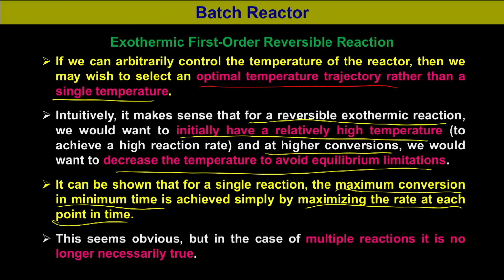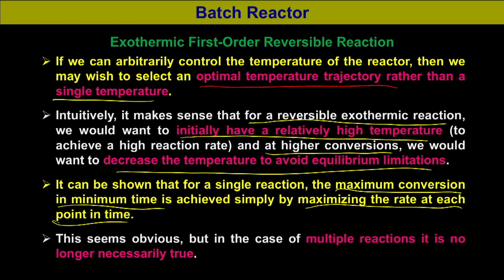As the conversion increases, at higher conversion, we would want to decrease the temperature to avoid the equilibrium relations. Since it is an exothermic reversible reaction, as the conversion increases, it will be limited by the equilibrium relations. That we can avoid if we decrease the temperature at higher conversion.